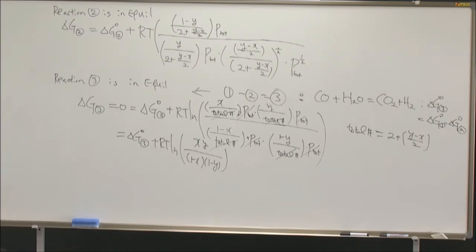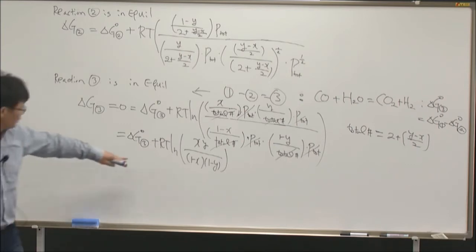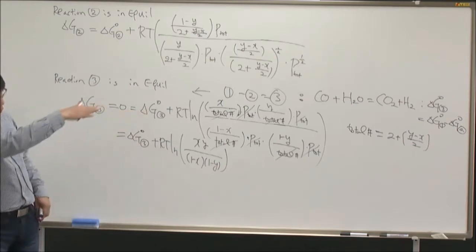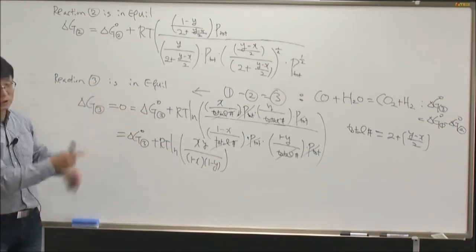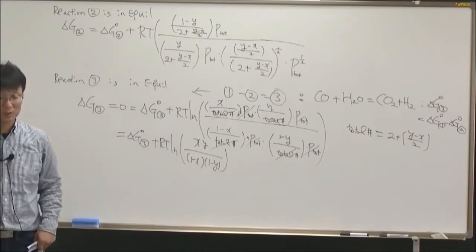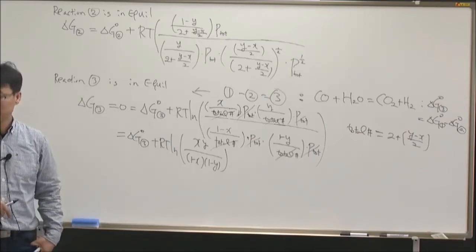Then you can assume that the oxygen amount, so it means y minus x over 2, is nearly 0. Then x and y are almost the same. Then you have a very simple equation, the only one you need to solve. Then you can get the x value, enter that x value, and do all the thermodynamic calculation again to find out the oxygen amount, and then prove that the oxygen is a very small amount. Then it's a valid assumption, yeah.